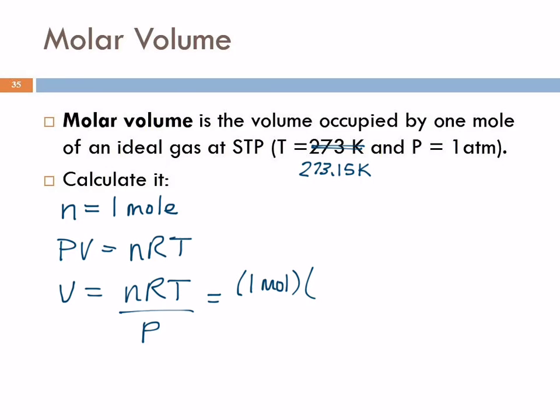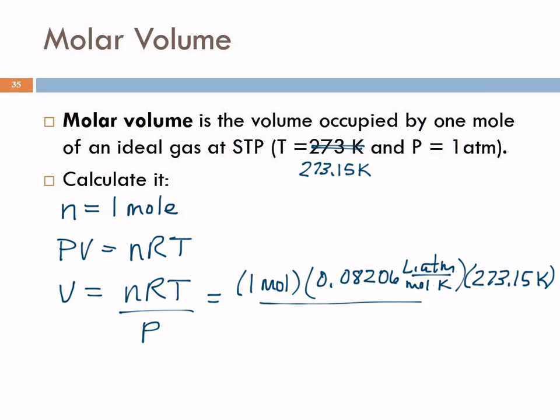What's R? 0.08206 liter atmospheres per mole Kelvin. Temperature, 273.15 Kelvin. What's the pressure? 1 atm. Check the units.